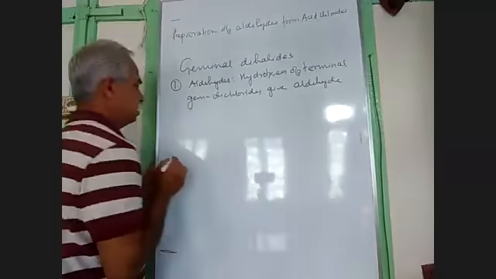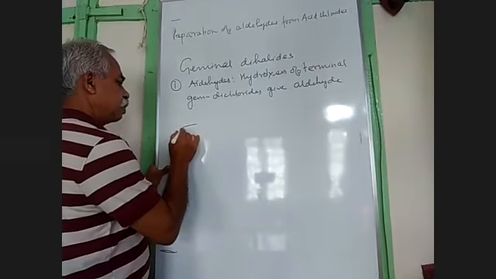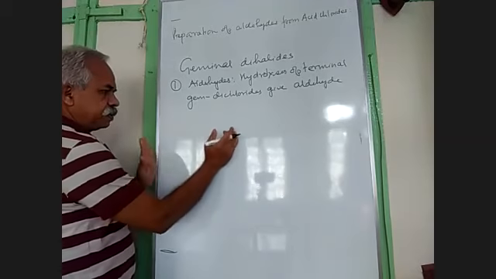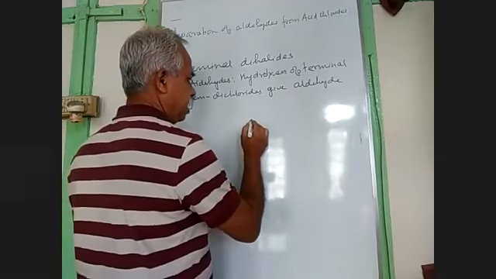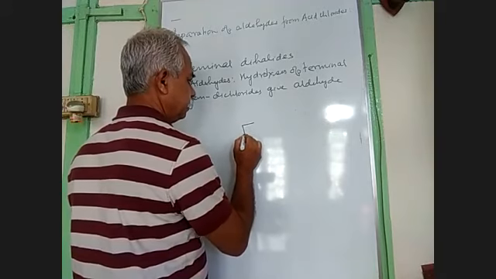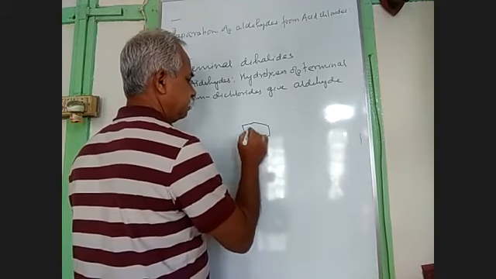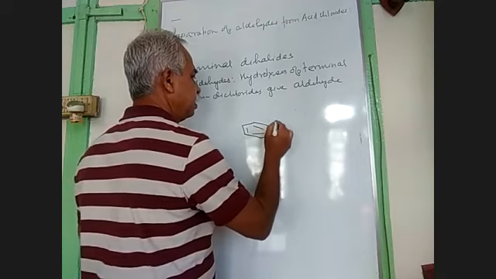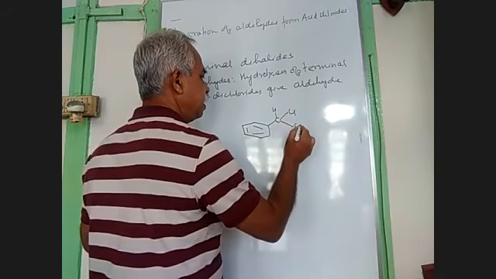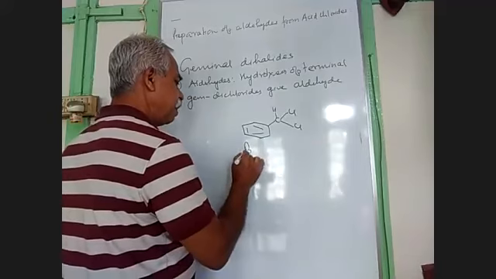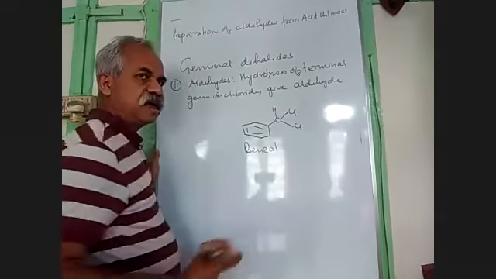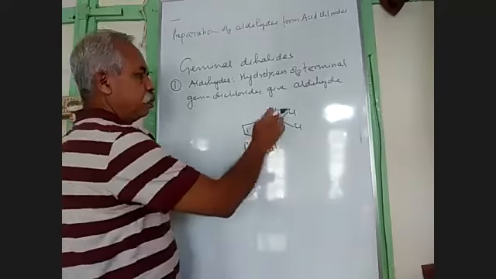Okay, so I'll give you one common conversion which comes. I'll leave some space here. I'll start from here. I'll tell you the reason. I'll write here C6H5CH2Cl. Its common name is benzyl chloride. If only one chlorine is there, we call it benzyl.